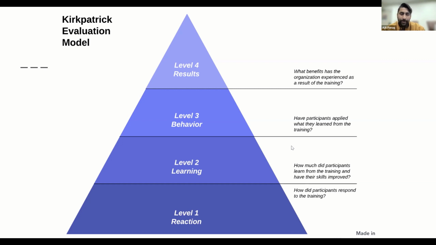And then third, a higher level of this evaluation model would be, have they really applied what they learned from the training? So maybe taking a look at data and seeing how many of the residents have done a fascia iliaca block in 12 months from the conference day, from the training session. And then ultimately the highest level of this evaluation model is what benefits the organization has experienced as a result of the training.